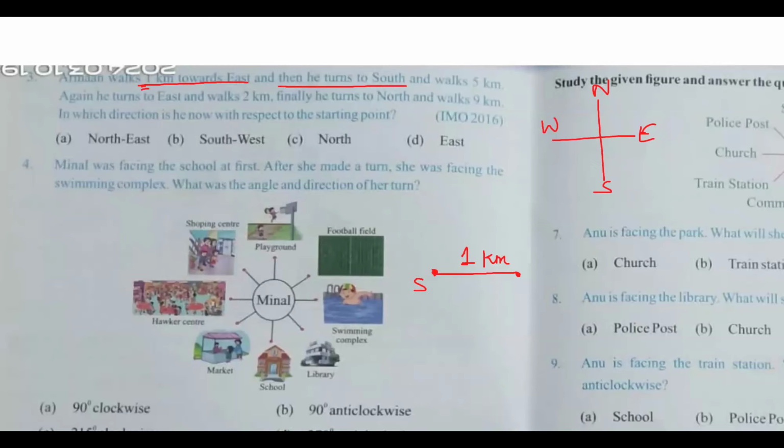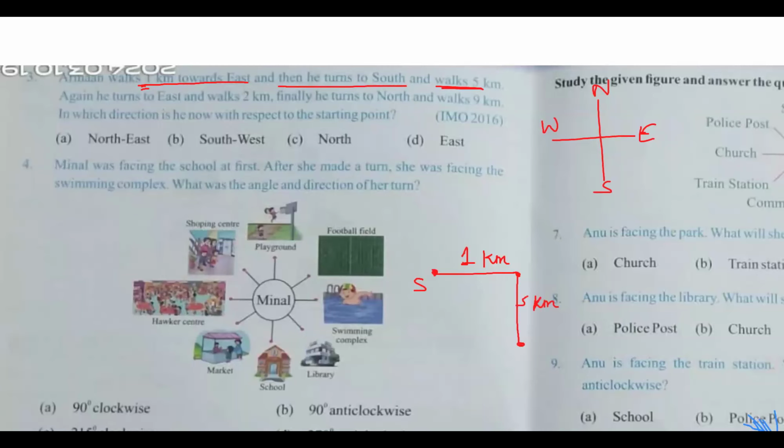That means he'll turn downwards. Correct? Yes. And when he turns to south, how many kilometers has he walked? 5 kilometers. So let us write 5 kilometers over here. Now he has reached this point.